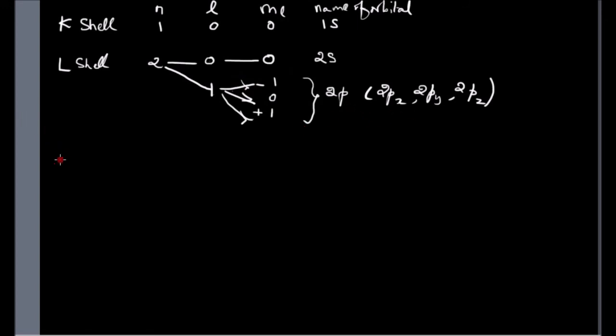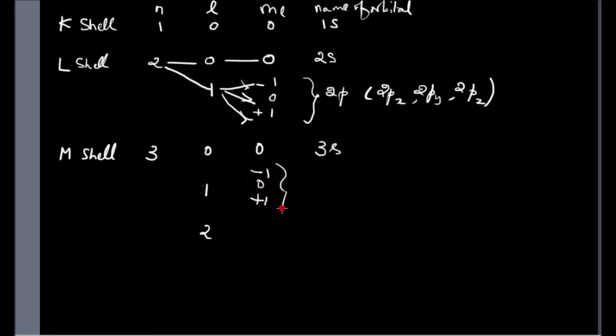The next one is M shell. Now you will be able to write it yourself, I think. n will have value of 3. So for n value 3, what are the L values possible? 0, 1 and 2. So ml will be 0 for this. This will indicate the 3s orbital, spherical orbital. For 3, 1, you will have values minus 1, 0, plus 1.